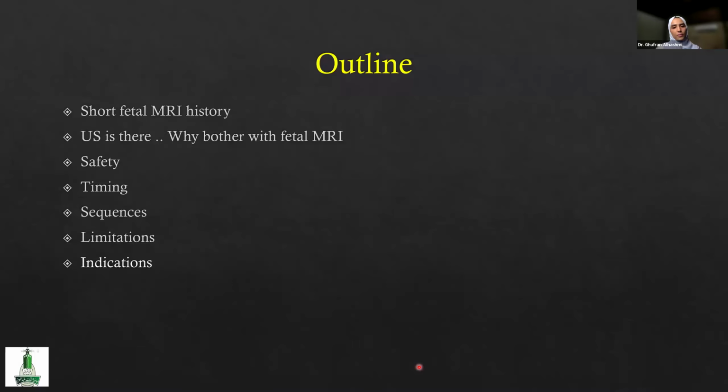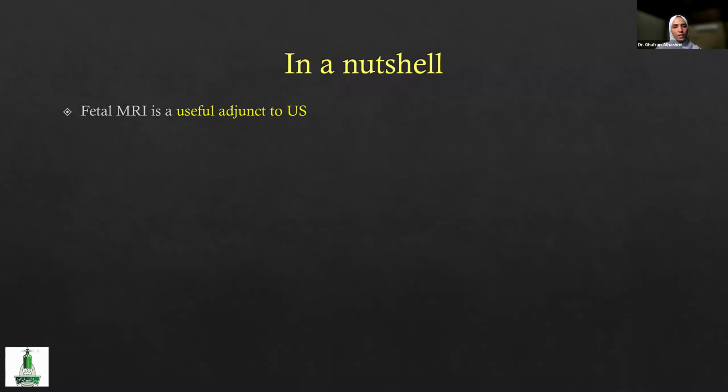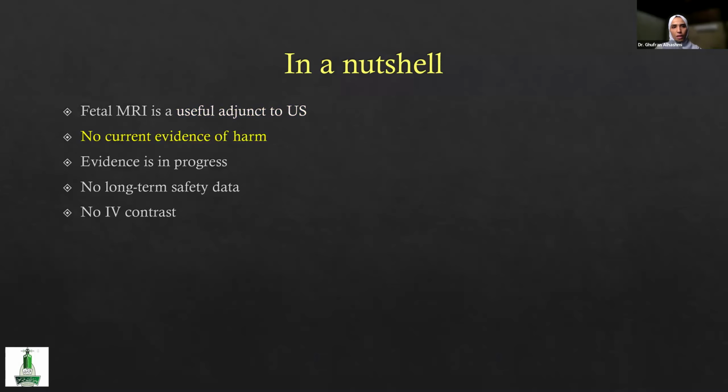So with that, I went over the outline of the talk, and in a nutshell, I want you to know that fetal MRI is a useful adjunct to ultrasound, and there is currently no evidence of harm from the use of fetal MRI when it's indicated. However, the evidence is still in progress, and there is currently no long-term safety data available.